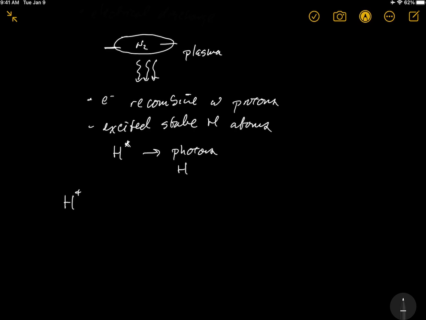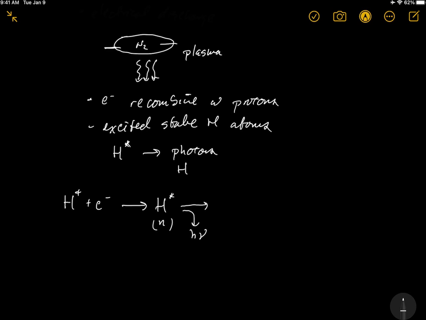Okay, and so essentially there's a cascade. Breaking down this process a little bit more, you have an H plus and an electron. They can recombine to form H star in some excited state, N, let's say, and it can lose energy. This is an excited state, it's not a stable state.